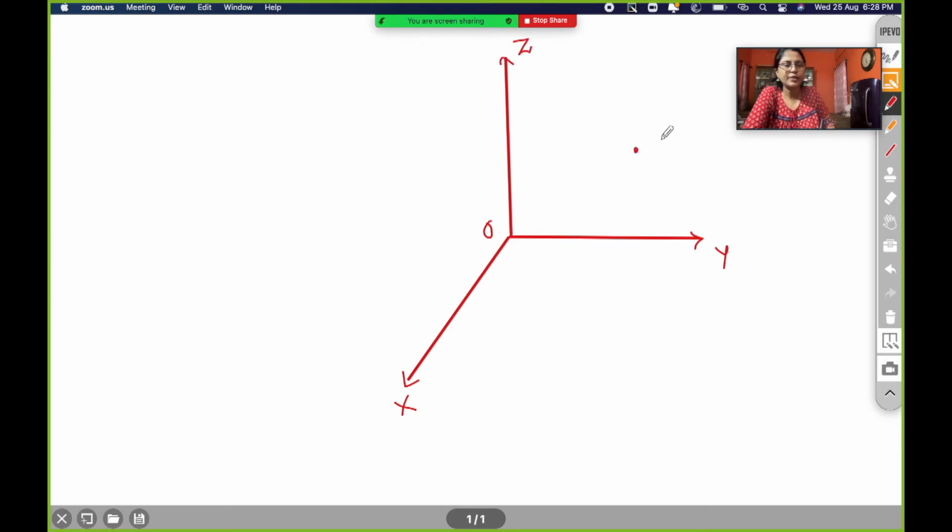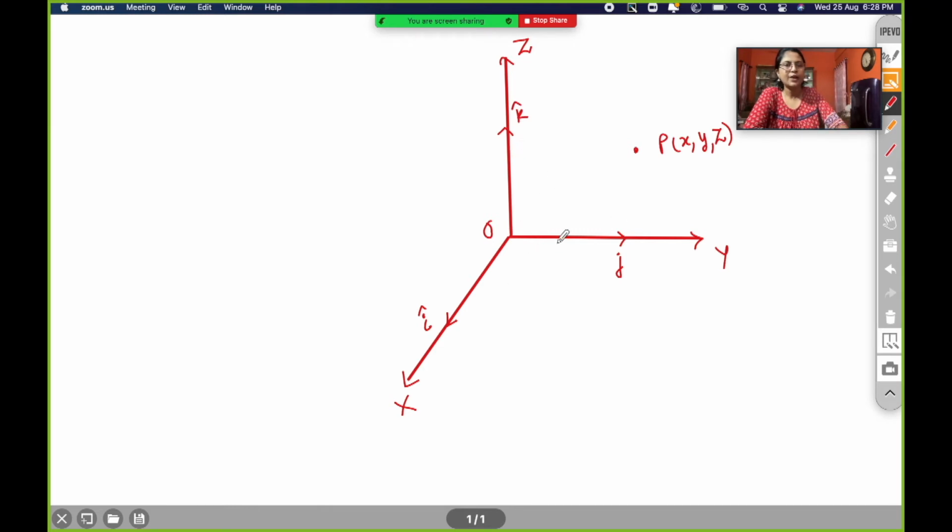So if P is a point in space with coordinates x, y, z in Cartesian form, and we need to convert P to vector form, then I have to consider unit vectors i, j and k along OX, OY and OZ first.